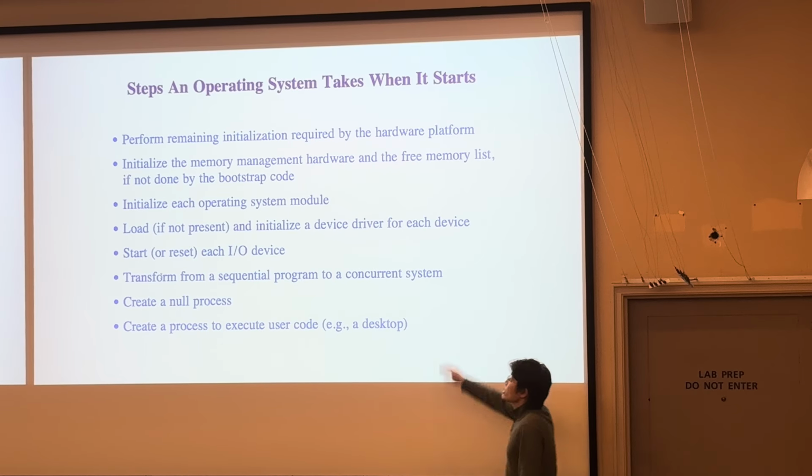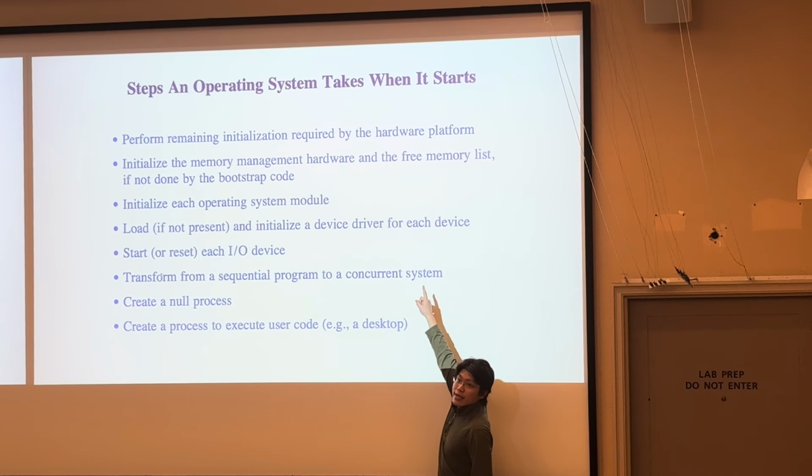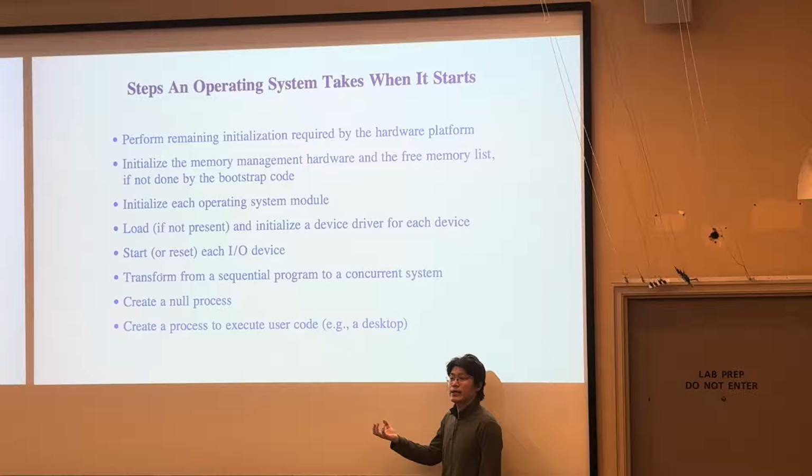Right? Because before this step, you can see that the OS itself is a sequential program. When you just start execution, the OS is just a sequential program. There's no other programs that are running on the machine. It's just one single sequential program getting executed by the CPU fetch and execute loop.